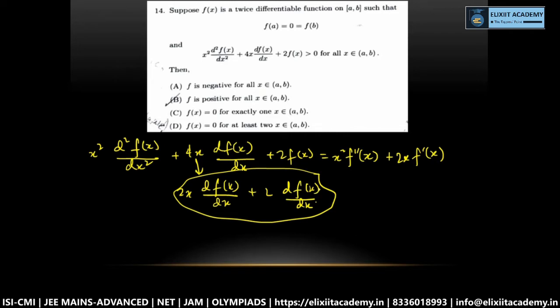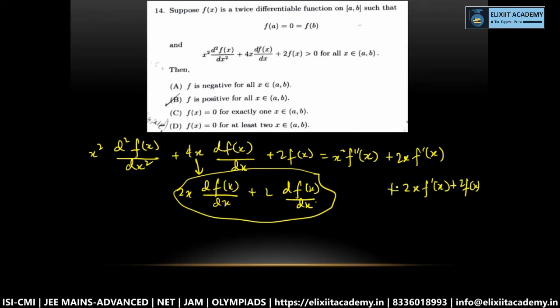And why should we break this? Just now you will see how we can reduce this if you break this. So basically we can write this as plus 2x f prime x, and then plus 2f(x).